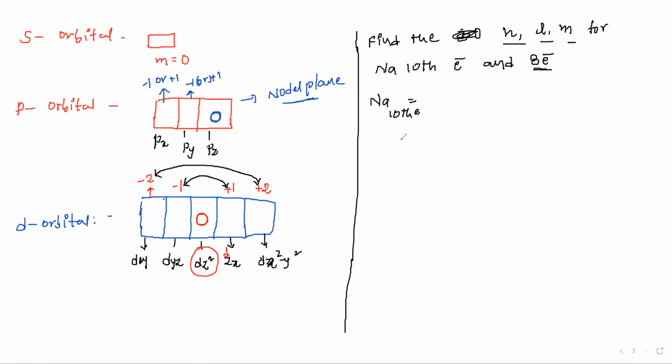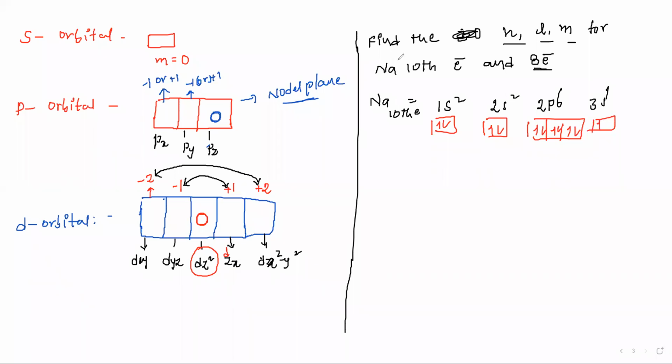So sodium atomic number 11, electronic configuration 1s2, 2s2 and 2p6, 3s1. After filling the electronic configuration, here it is 1s2 and here it is 2s2. And here it is 2p6, 1, 2, 3, 4, 5, 6, and here it is 1 only.